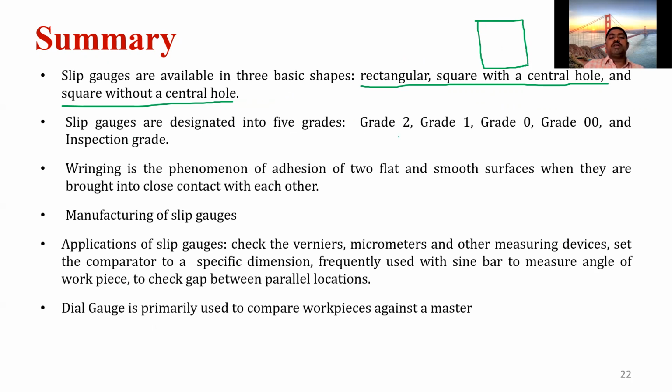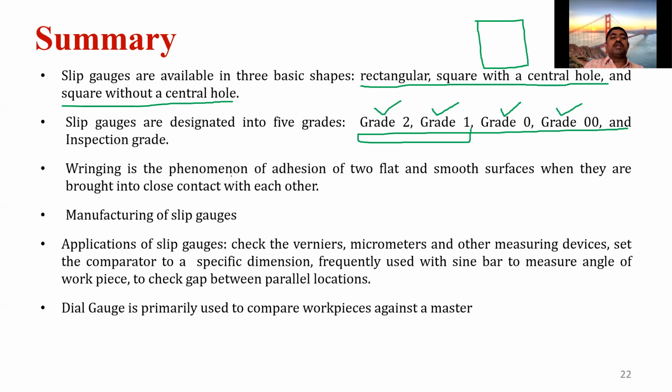Slip gauges are designed in 5 grades: grade 2, grade 1, grade 0, grade 00, and calibration grades. Grade 2 is the workshop grade, grade 1 is the tool room grade, grade 0 is the inspection grade, and grade 00 is the calibration special grade, which is used for calibrating the grade 2 and grade 1 slip gauges.